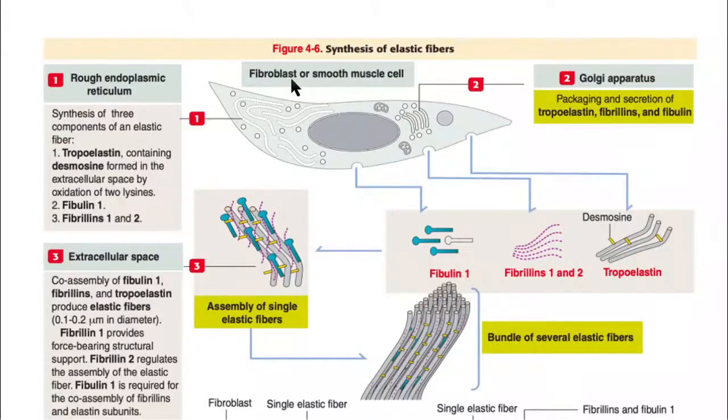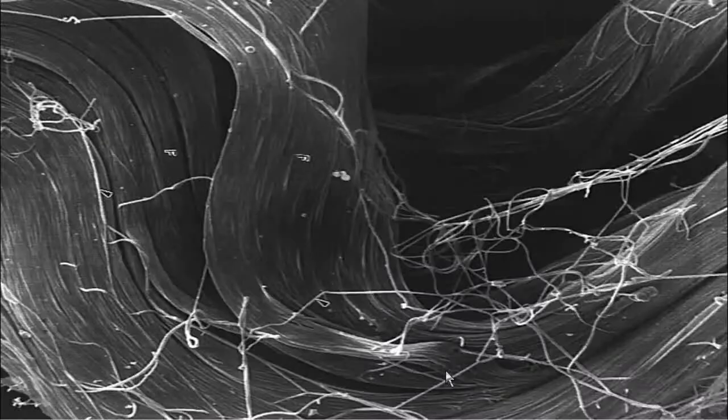Look at this one. We see again fibroblasts. We see the packaging by the Golgi apparatus. We have the special assemblage of single elastic fibers. And we see fibulin, fibrillins, tropoelastin, which are middle elements for the aggregation of bundles of elastic fibers.